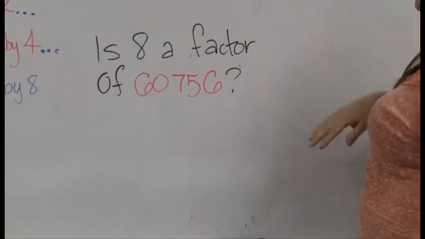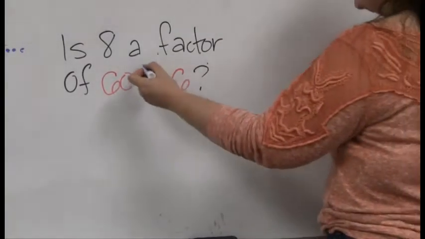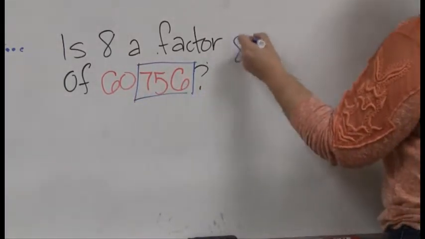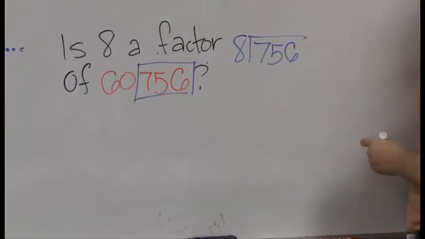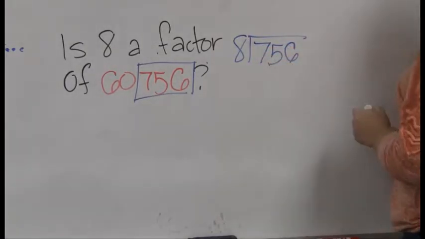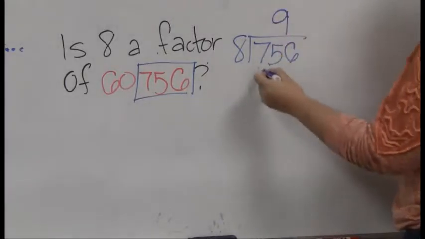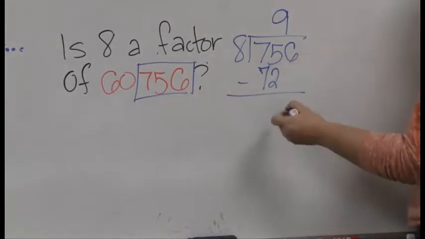So is 8 a factor of 60,756? Once again, we'll break off the final 3 digits, divide by 8, and let's see what happens. 8 goes into 75, what's that, 9 times. And 9 times 8 is 72.